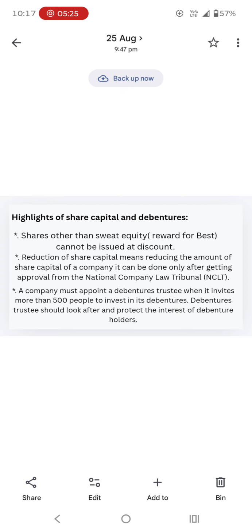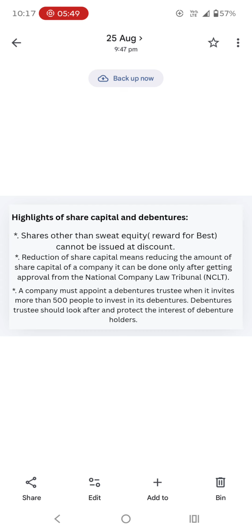Shares other than sweat equity cannot be issued at a discount. Sweat equity means reward which is given to the shareholders or members of the company. Other than sweat equity shares, other shares whichever the company is going to issue cannot be given at a discount. Reduction of share capital means reducing the amount of share capital of a company.